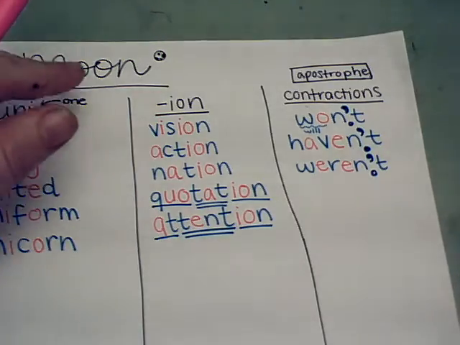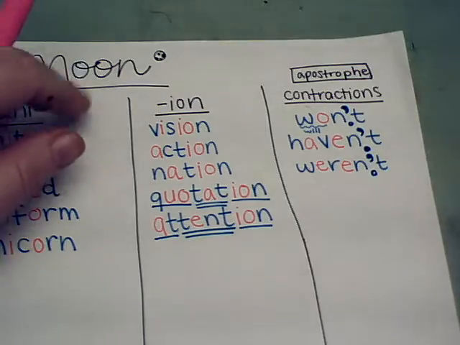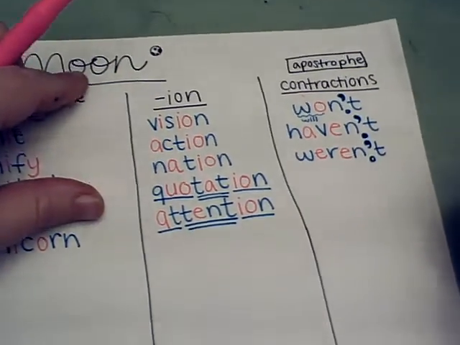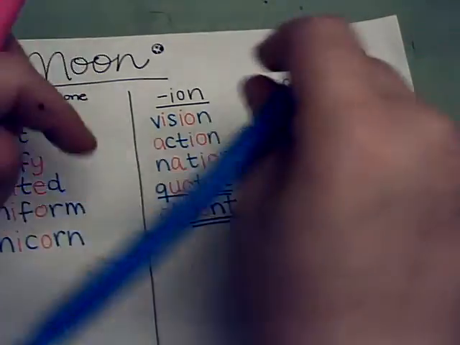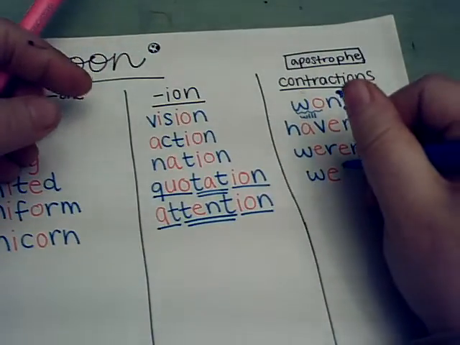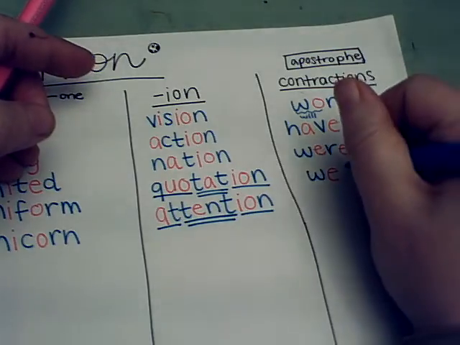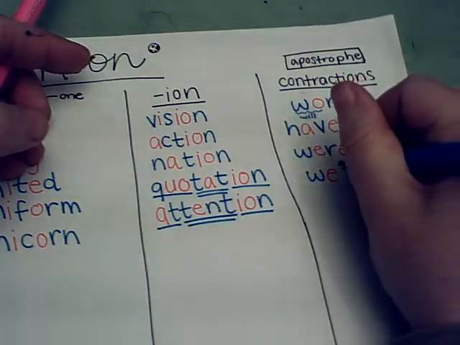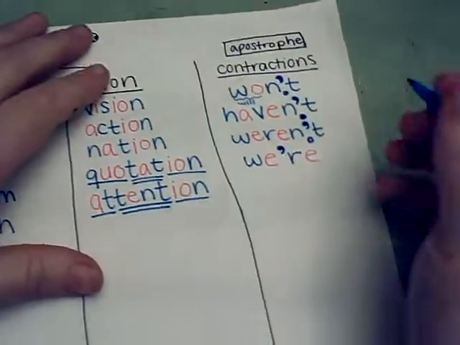The next word, we've got two more on our entire list. They have are. So we had not, and now we're going to have are. So we're is going to be for we are. So we, and then are would normally be A-R-E, but it's a contraction, so we're going to do the apostrophe where the A for are is, R-E.